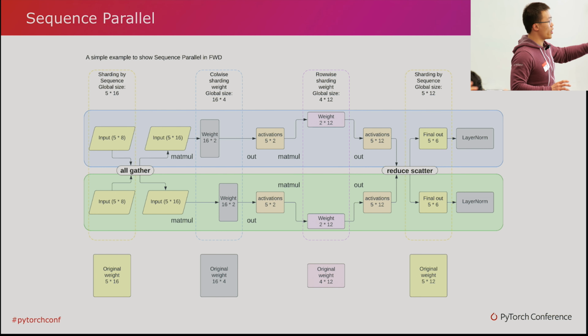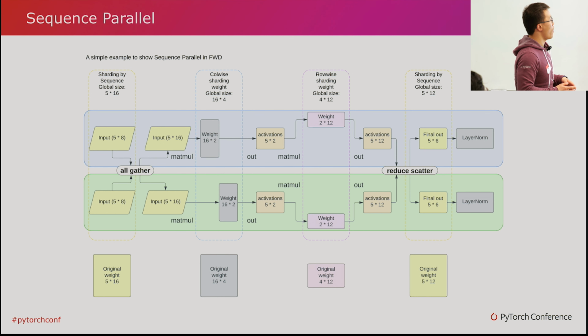And the way it works is that when you first have a column-wise sharding and then a row-wise sharding, in the middle there's no need to call any collective. In the tensor parallel case, you just call one all reduce, or in the sequence parallel case, we call a reduce scatter, and after the reduce scatter, you can call layer norm or softmax, which is on the last dimension.